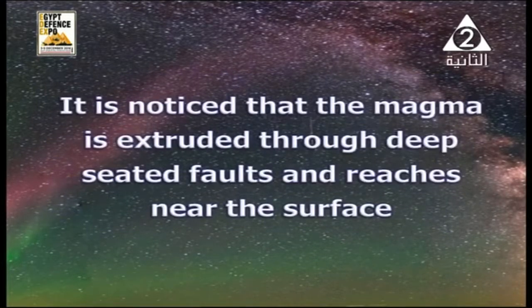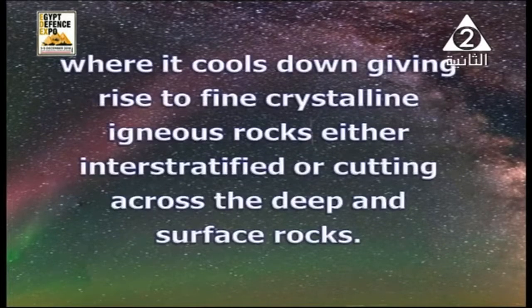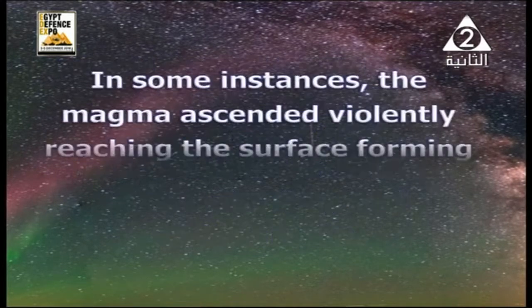It is noticed that the magma is extruded through deep-seated faults and ridges near the surface. When it cools down, it gives rise to fine crystallized igneous rocks, either interstratified or cutting across the deep and surface rocks.